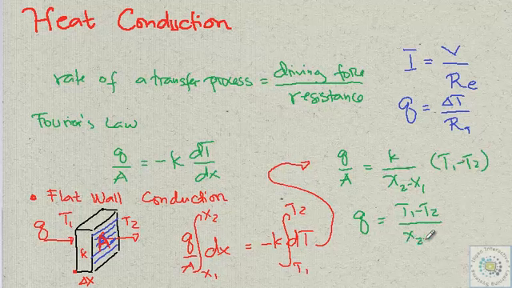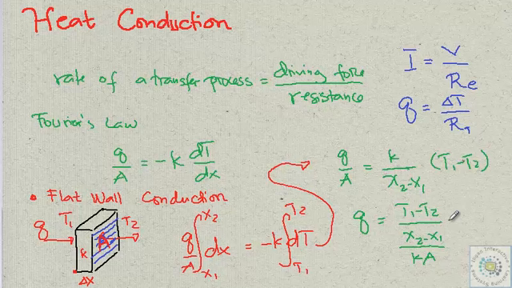X2 minus X1 over Ka. I simply multiply everything by A. So A will be here, and I flip this one so that this will be placed in the denominator. So it's just a little mathematical operation in there, and then that will lead me to this form.